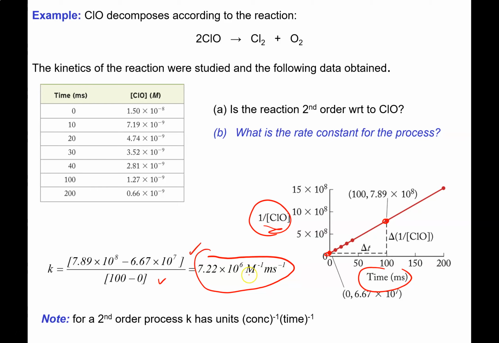Now notice the units for the rate constant for a second order process: it's concentration to the -1, and in this case my concentration was molarity, multiplied by my units of time, and the time units are always raised to the power of -1 regardless of the reaction order, but my time units this time are milliseconds.